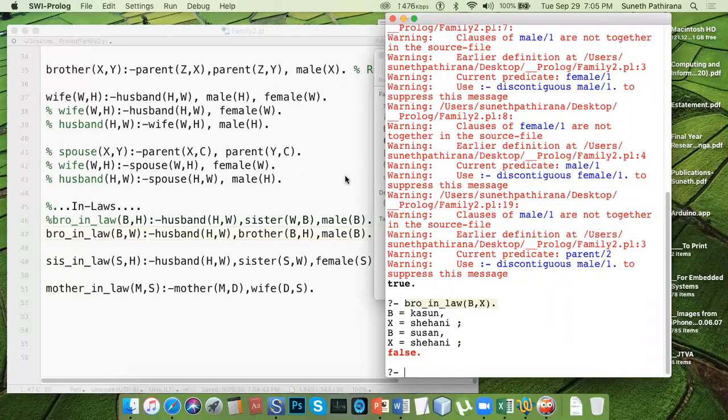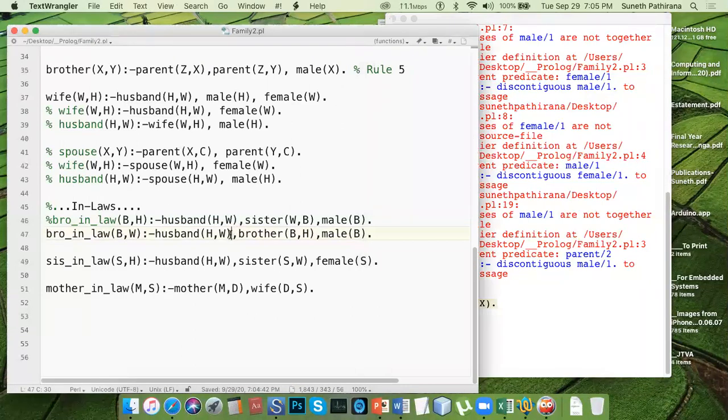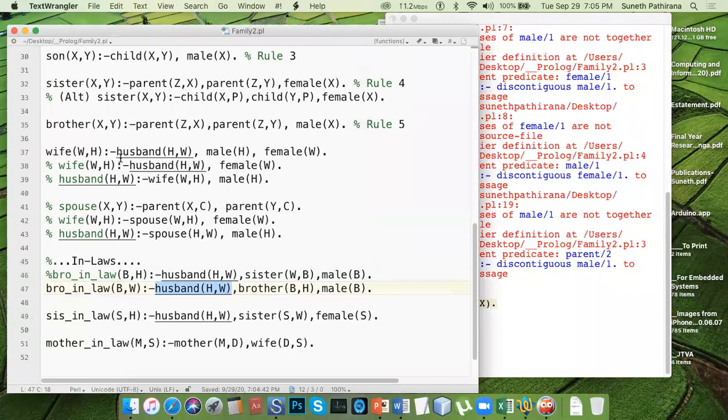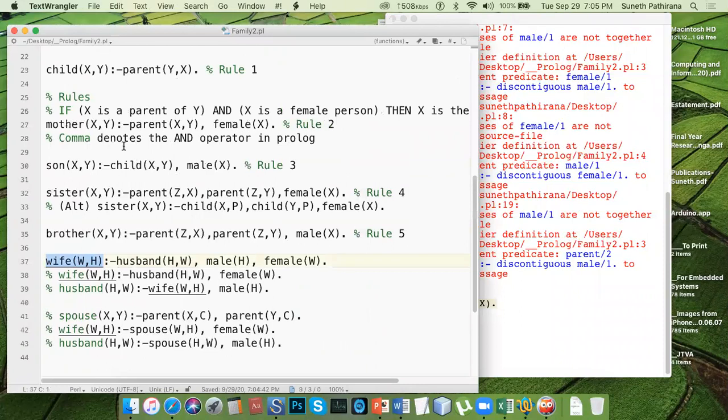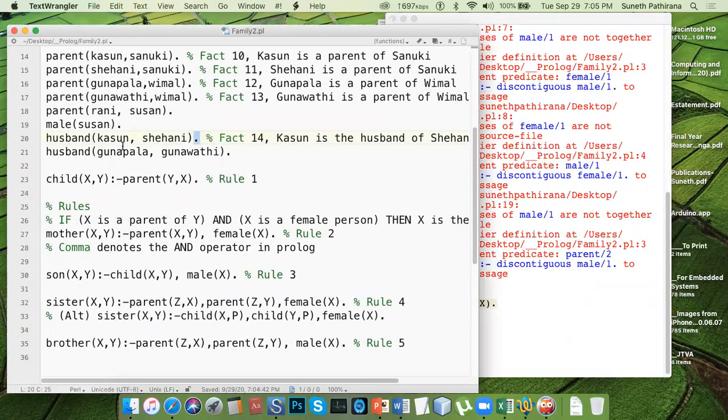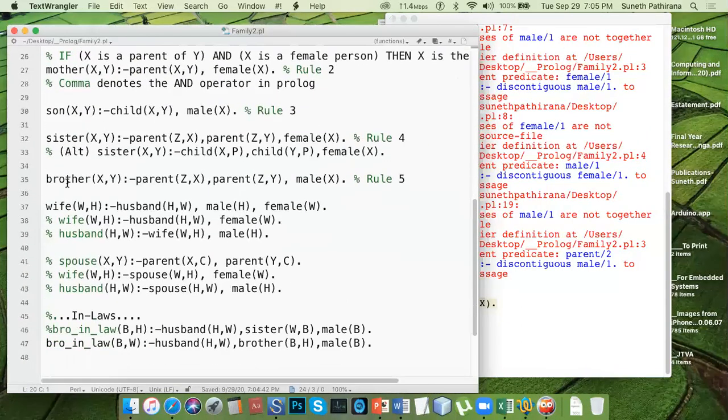Again it gives us this, so there must be something wrong with the way we have defined the husband and wife relationship. Wife, here we have direct knowledge of this husband, and we have swapped this male H, female W. I don't see any confusing statement here.